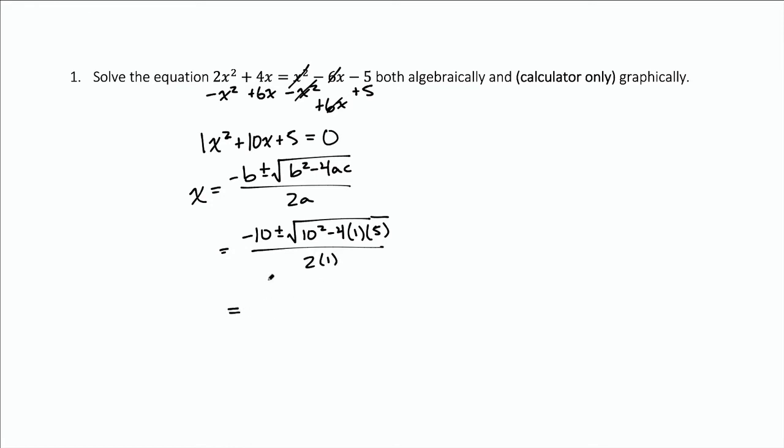So let's go ahead and simplify this. We have negative 10 plus or minus the square root. This is 100 minus 20, so that's just 80, and then divided by 2.